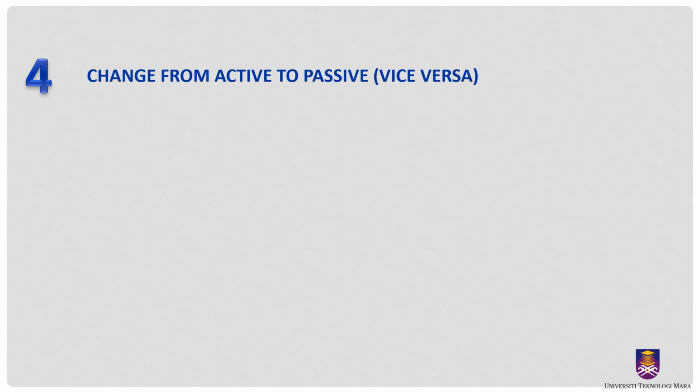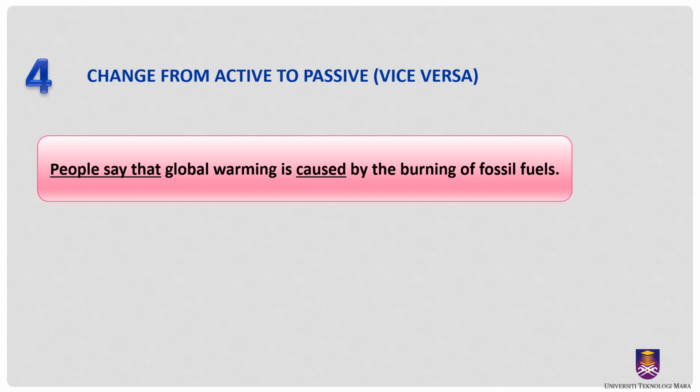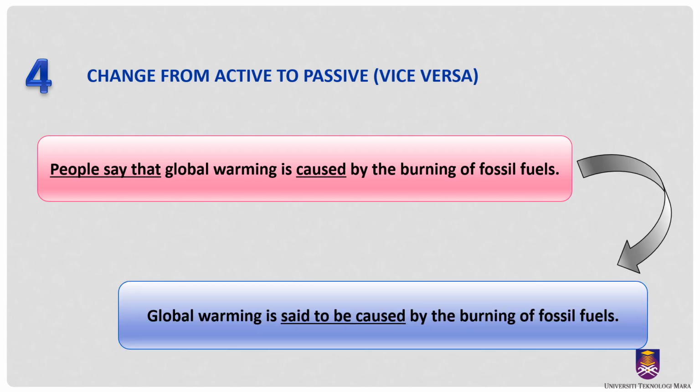Okay, so the fourth step is to change from active to passive voice, or you can change from passive to active voice. In this sentence, people say that global warming is caused by the burning of fossil fuels, and then you change to global warming is said to be caused by the burning of fossil fuels.